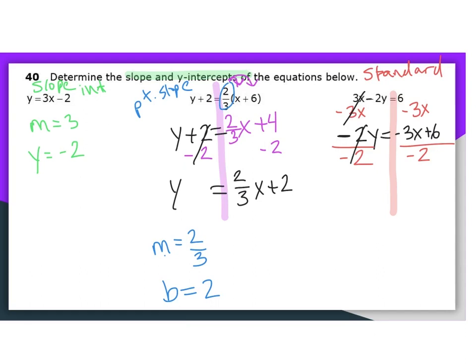The negative 2s cancel out, leaving us with y equals negative 3x divided by negative 2. A negative over a negative becomes a positive, so we have positive 3/2 x. And then 6 divided by negative 2 is a negative 3. In this case, we have a slope of 3/2 and a y-intercept of negative 3.